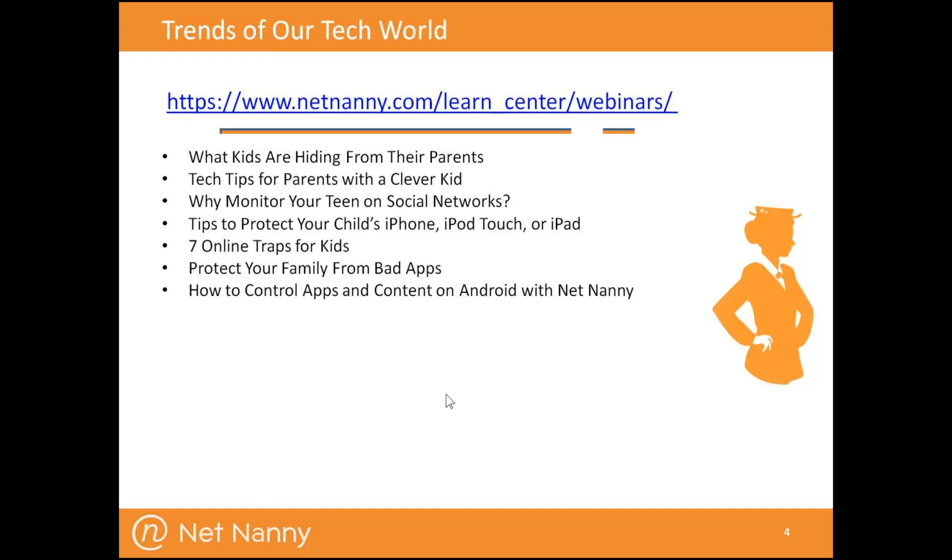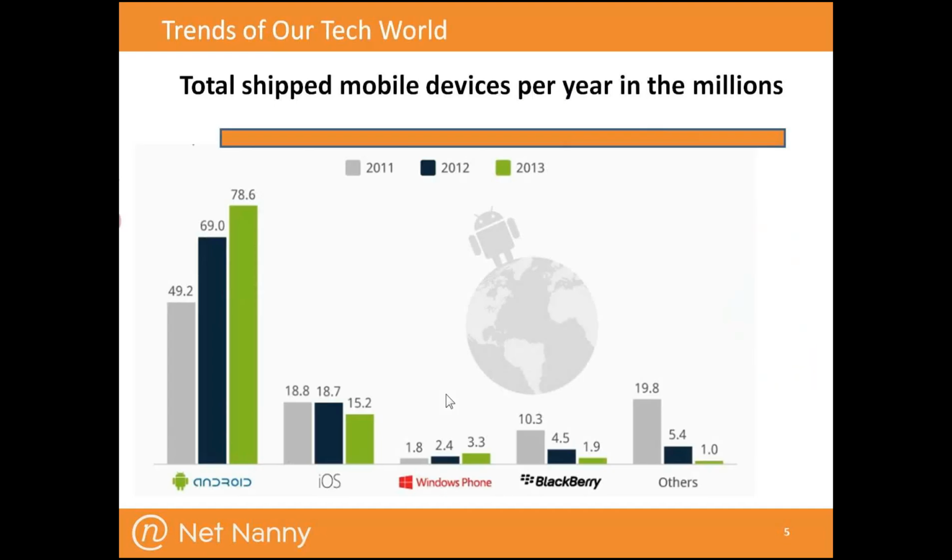I want to talk about some marketing trends, some interesting things that are happening in the industry right now, in the world we live in. This shows the total number of mobile devices that were shipped per year and per type of device. Contrary to what you'd believe, my 14-year-old daughter would have you believe that everyone on the planet owns an iPhone.